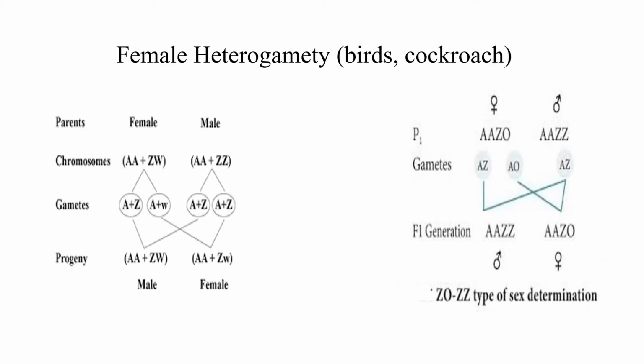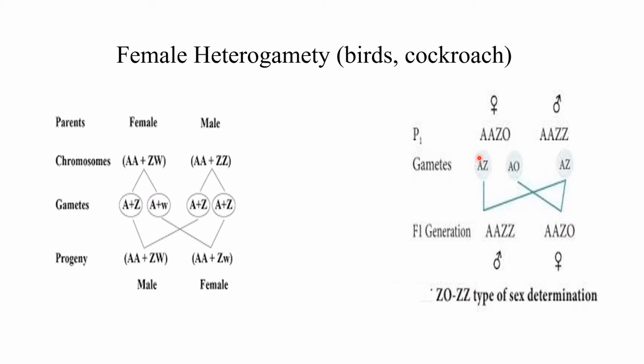Then female heterogamety is found in birds and cockroach. So the female possesses two different types of gametes it can produce. Why? Because along with autosomes it has ZW. So some gametes may have Z, some may have W. But male possess ZZ, so all gametes have Z only.